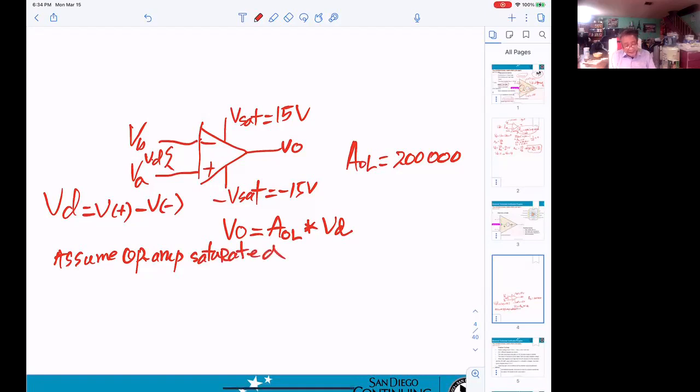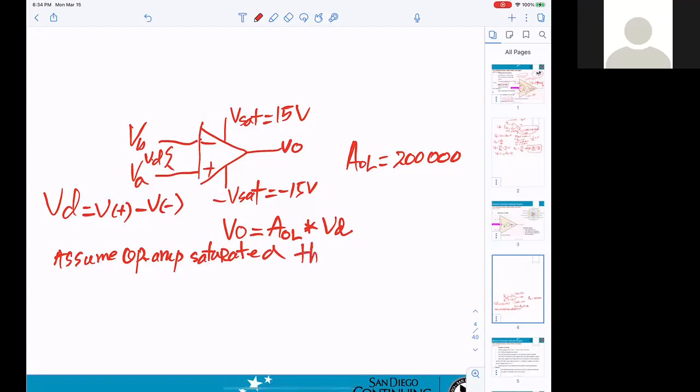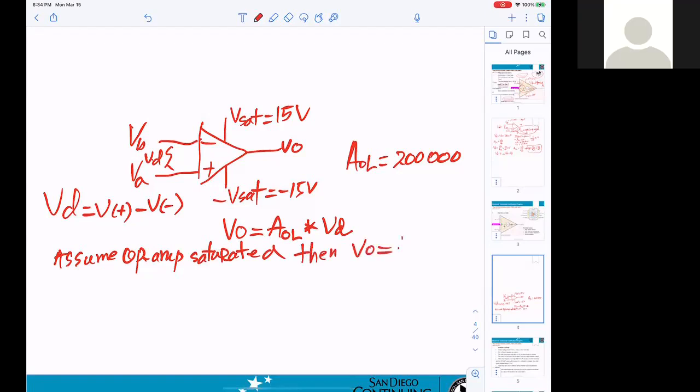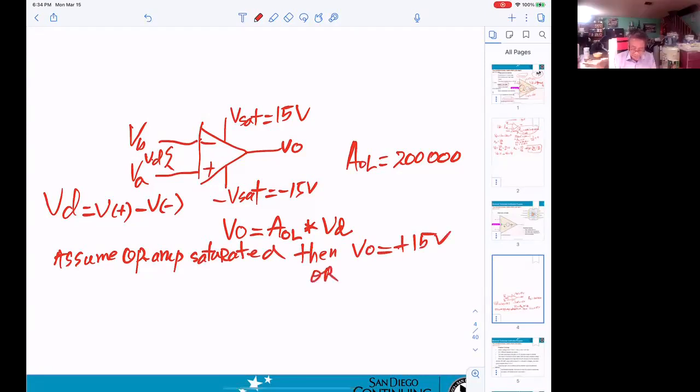So when they be saturation, what happened? Then V out can be plus 15 volt or V out can be minus 15 volt. Okay.